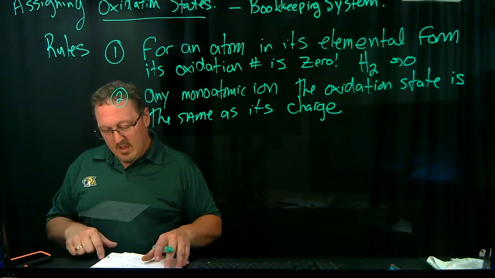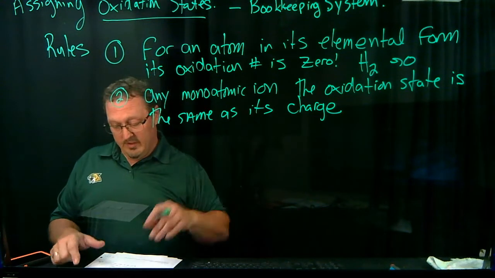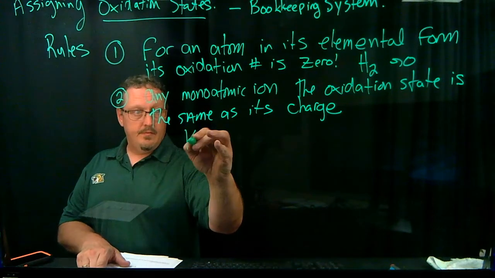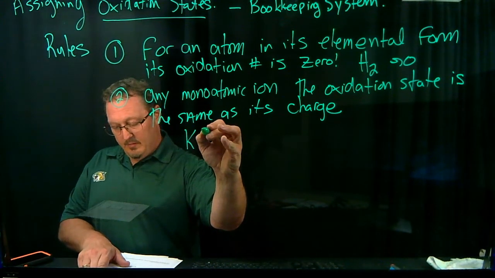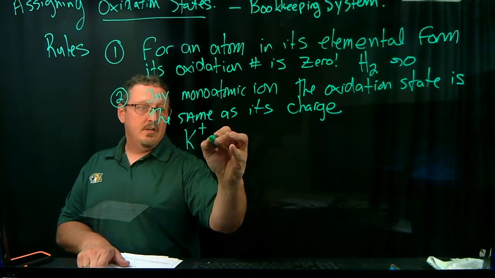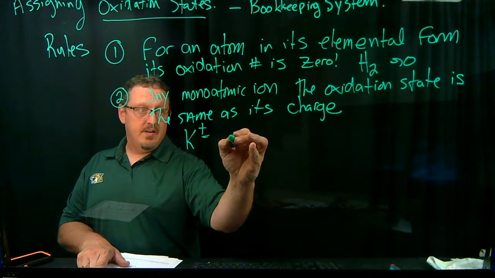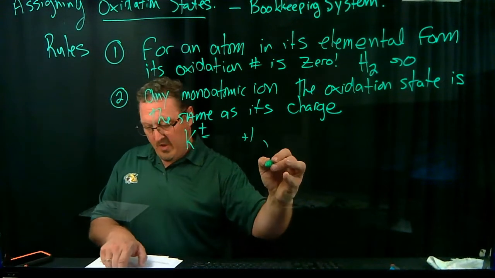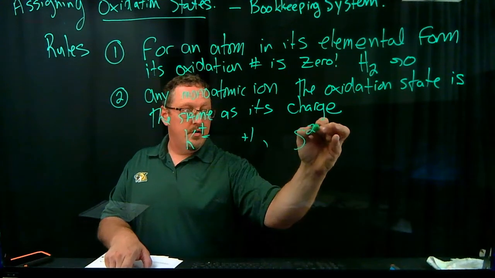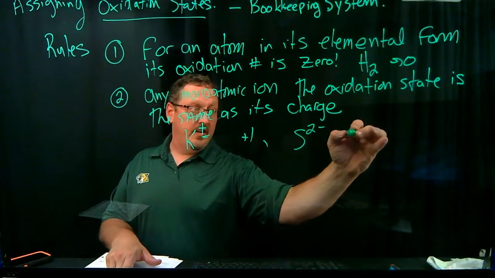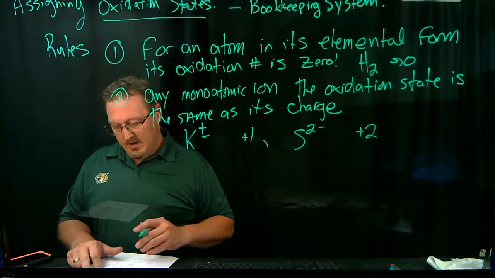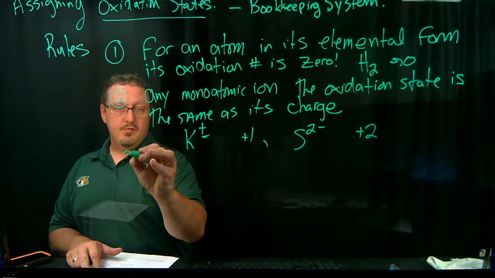Okay? So that's how that's going to roll into this as we work through it. So a potassium +1 ion, its oxidation state is a +1. Okay, a sulfur that has a 2- charge, its oxidation state is a -2.